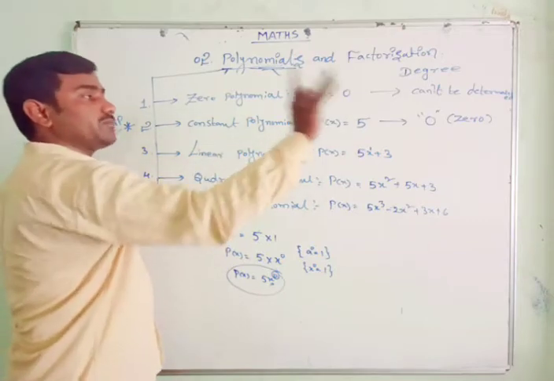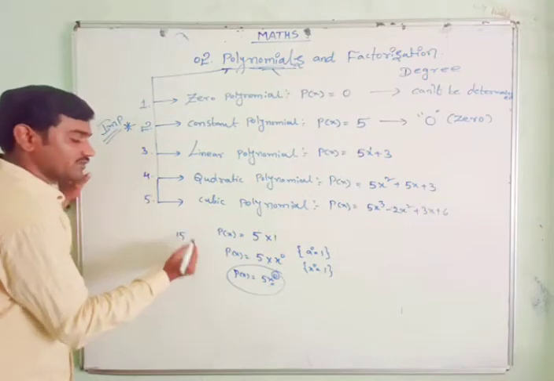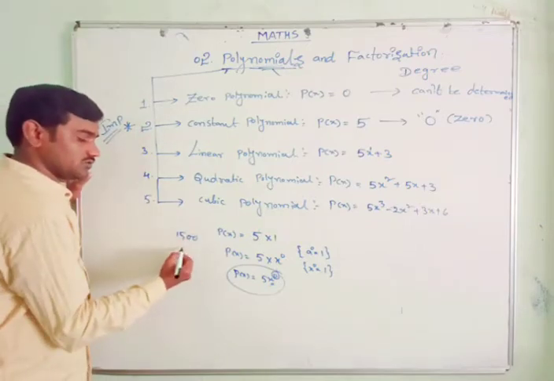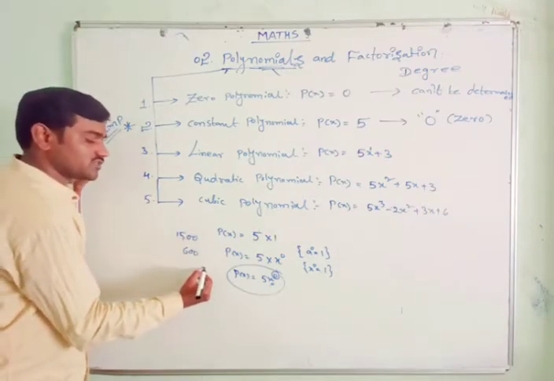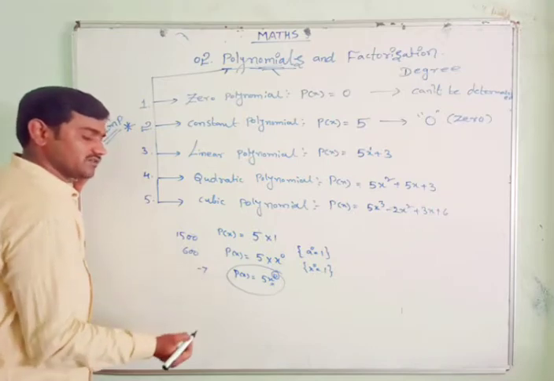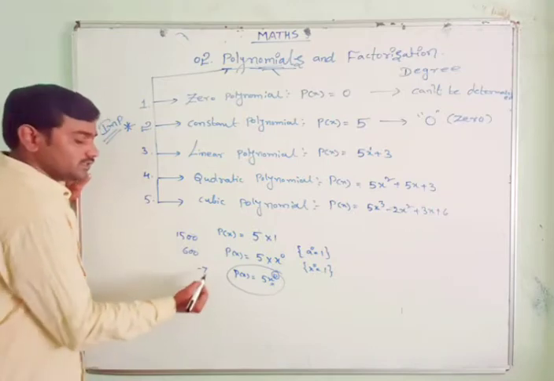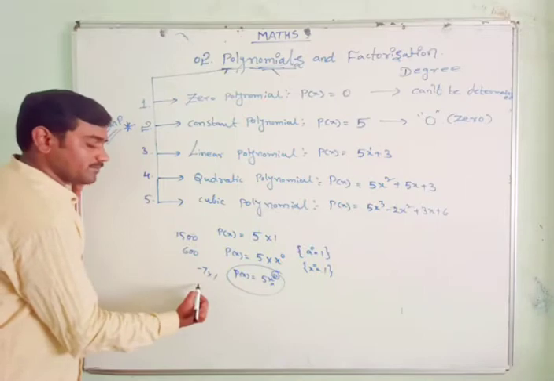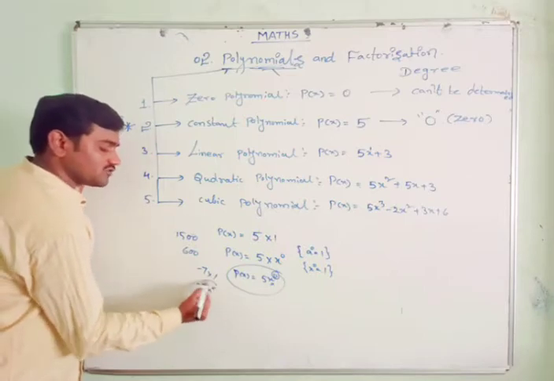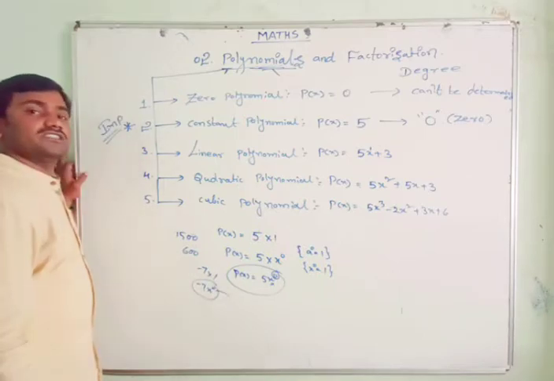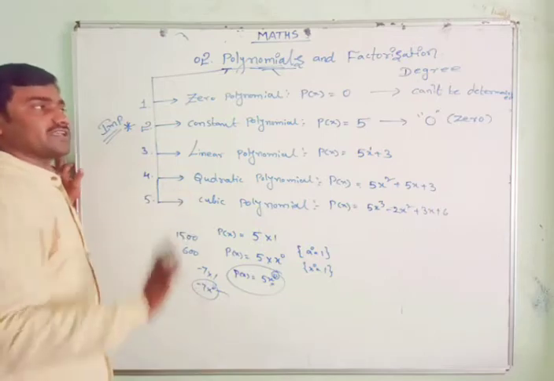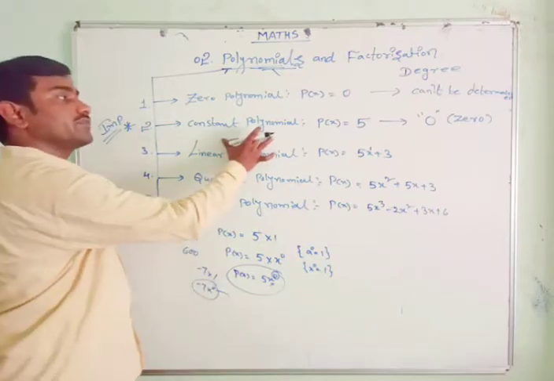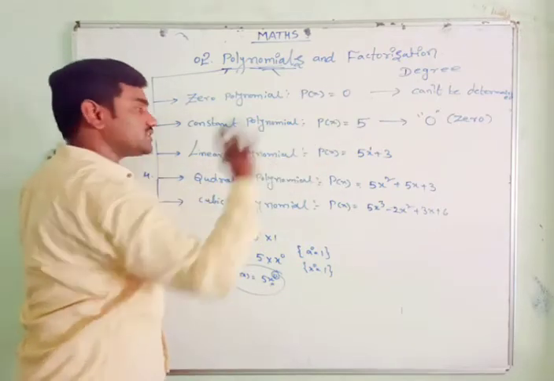The degree of 15 is 0, of 1500 is 0, of 600 is 0, of 7 is 0, of minus 7 is 0. Minus 7 can be written as minus 7 into x to the power of 0, so the degree is 0. In this way, the degree of a constant polynomial is always 0.